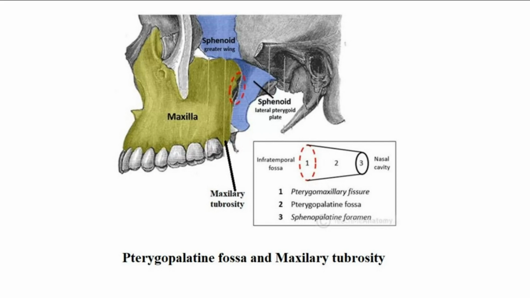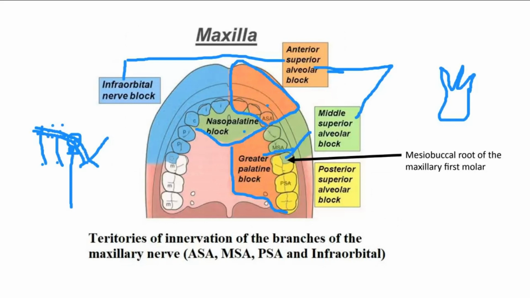Yes, Maisa, go ahead. Sorry, I have a question about the difference. Is the palatine nerve a continuation of MSA and PSA, or is it a completely separate nerve? Which nerve again? The palatine.